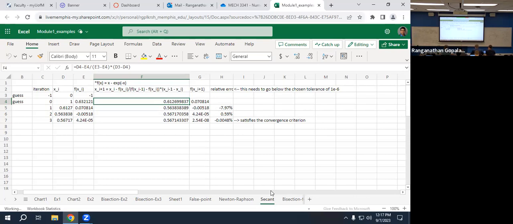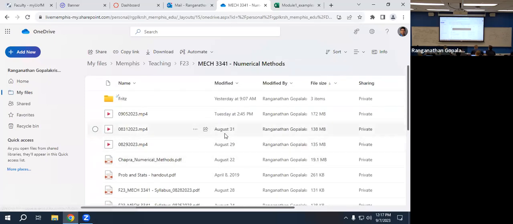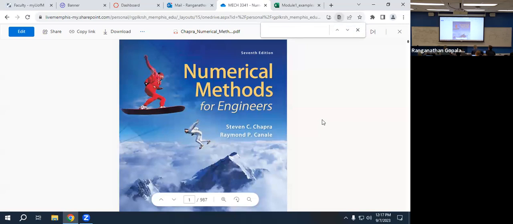Actually, I have the book here in PDF form. Maybe I can see that here. So I have the book. All right, so now let's go to 8.13.